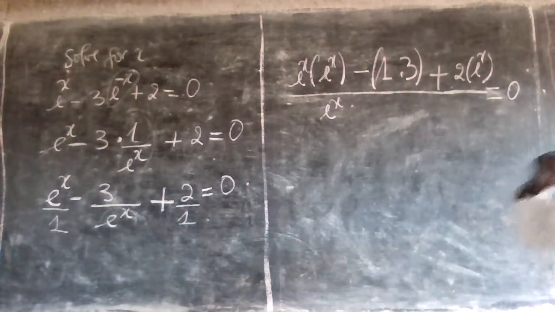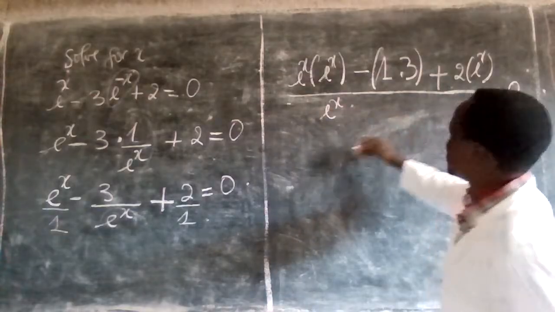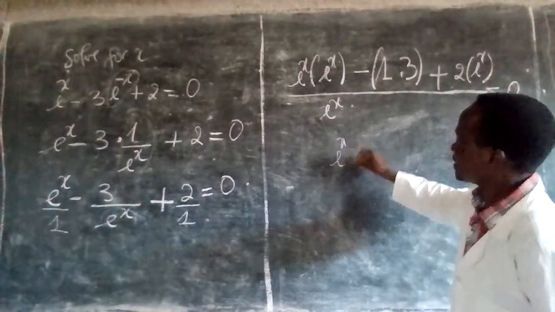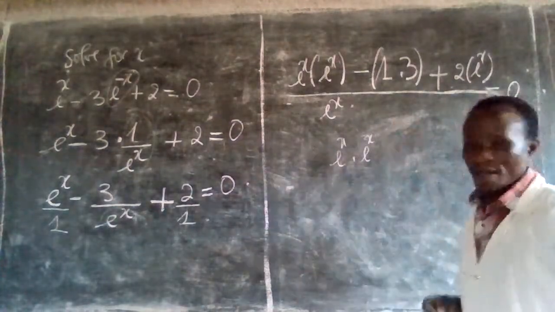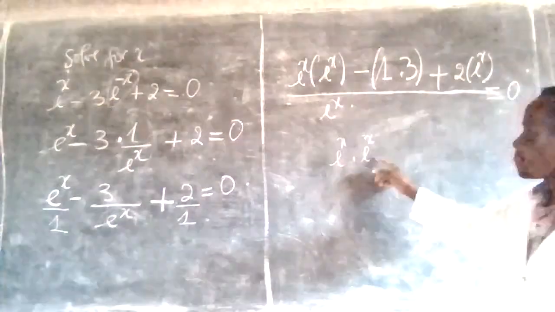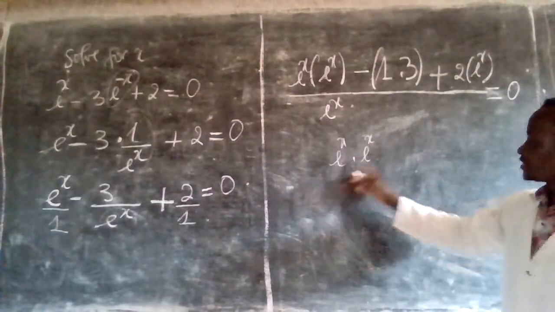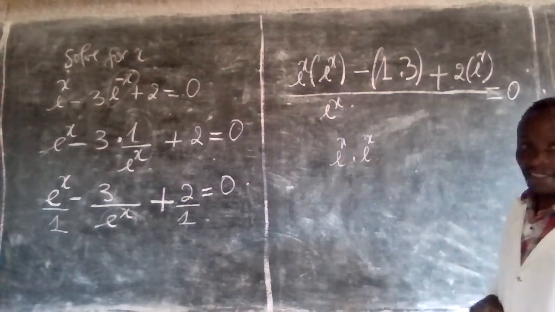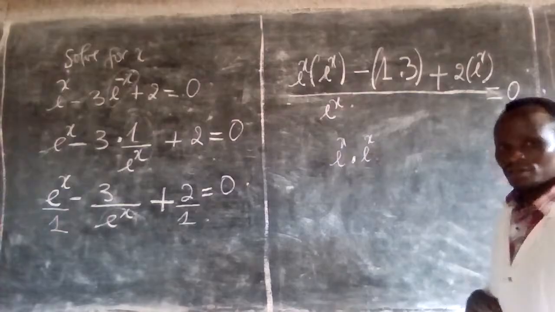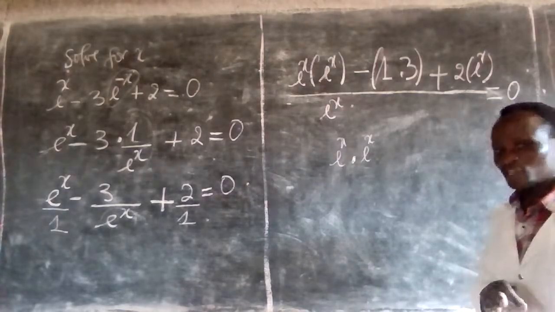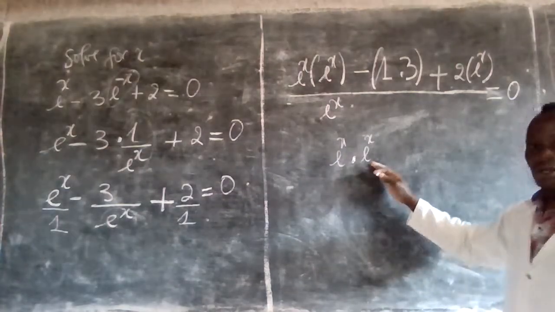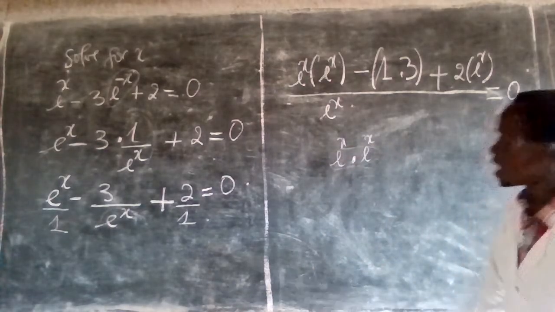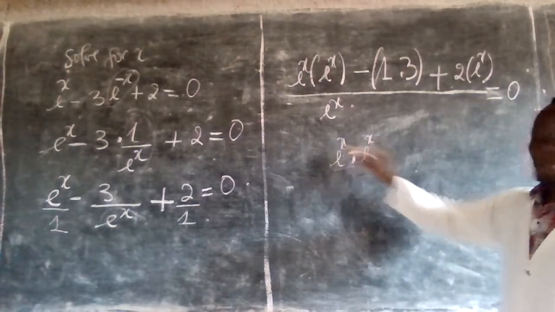Now, let us continue. We remain with, you have to take this e^x times e^x. As I told you, these are similar bases. You have to write one base. When we are in multiplication for exponentials, you have to take one base from those two similar bases and add their powers.